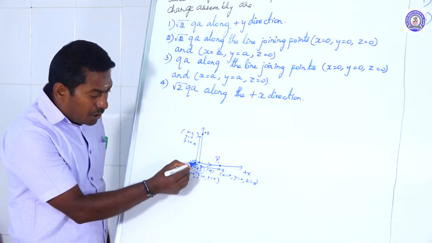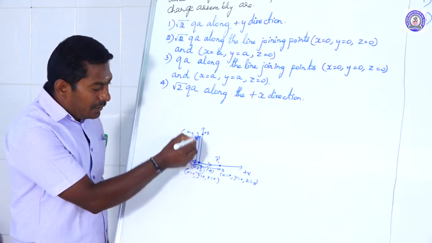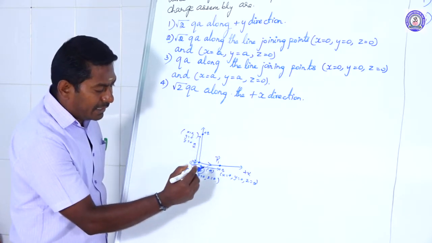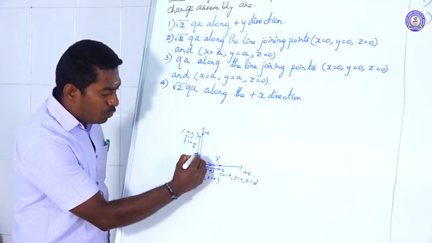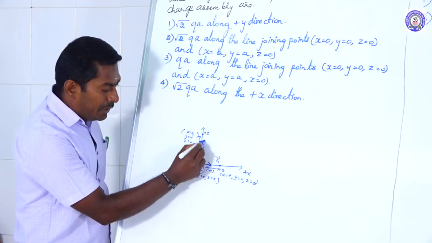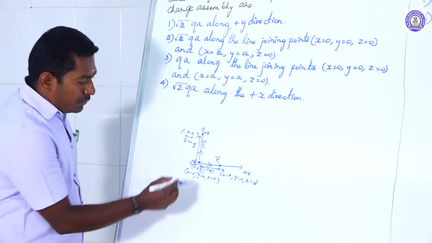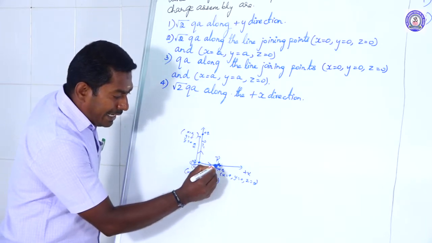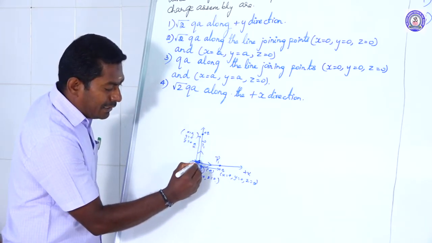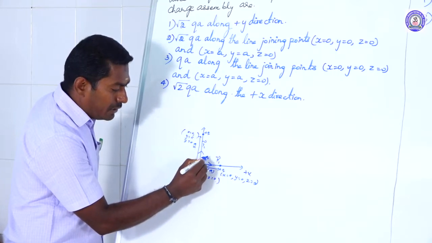Another minus q charge and plus q charge separated by the distance a will act as another electric dipole. The direction of the dipole moment acts from the minus q charge to the plus q charge, that is the P2 vector. So the electric dipole moment P1 vector and the other electric dipole moment P2 vector are inclined at right angles, 90 degrees, to each other.